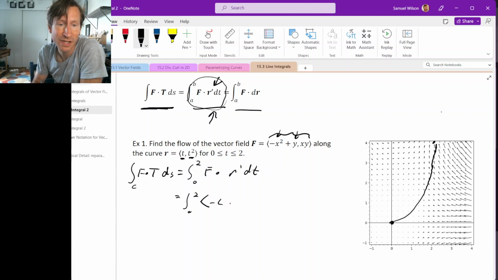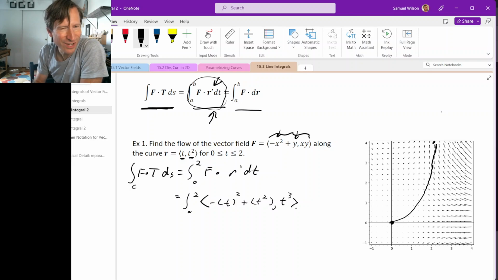So minus x squared, x is t in our parametric curve, so minus t squared, plus y, but y is t squared. Okay, so that's the first component of our vector field. The second is x times y, and that is t cubed.